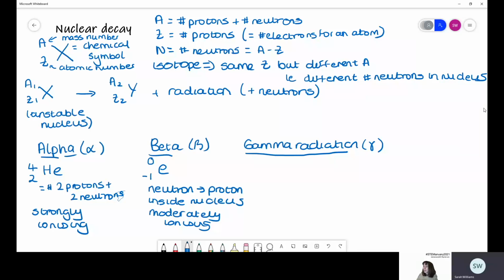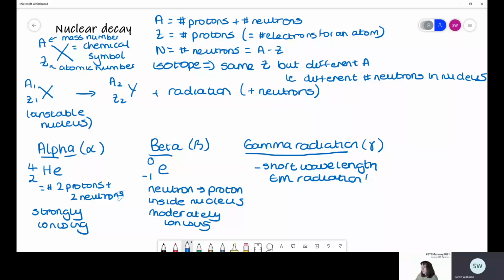Okay, so then let's go on to the final example, which is gamma radiation. So actually, this is short wavelength electromagnetic radiation. So it's a wave.